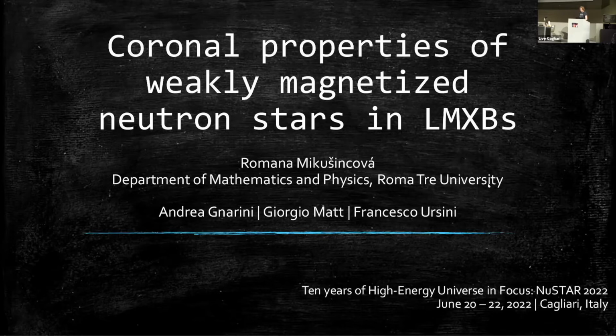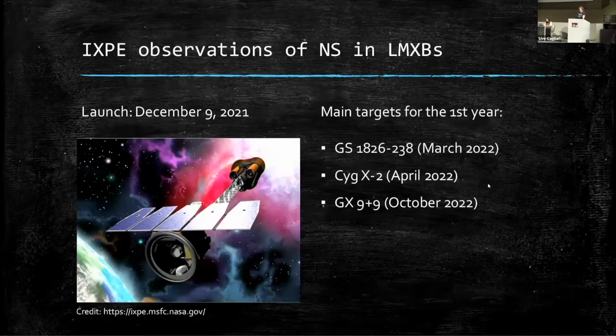So I will elaborate a little bit on Francesco Orsini's talk from yesterday, who spoke about studying the coronal properties with polarimetry using NuSTAR and also IXPE. IXPE truly did open a new window of opportunities when it was launched last year in December.